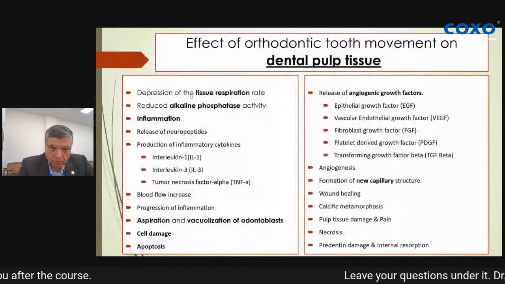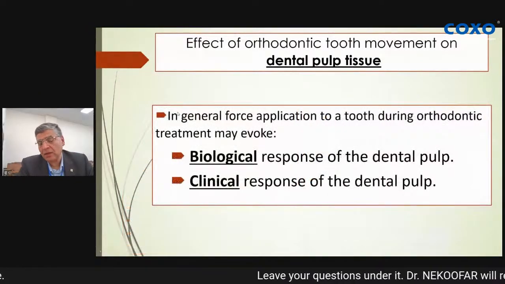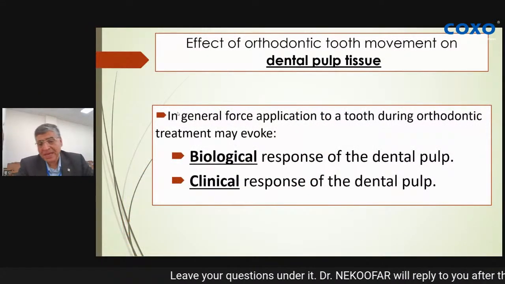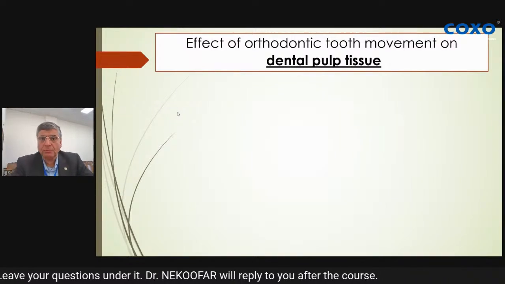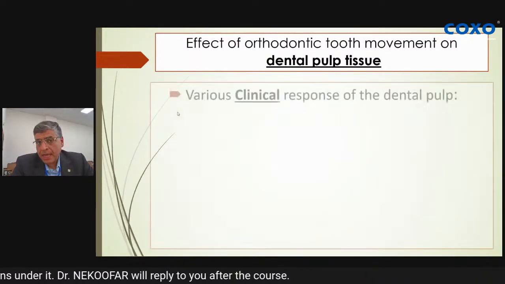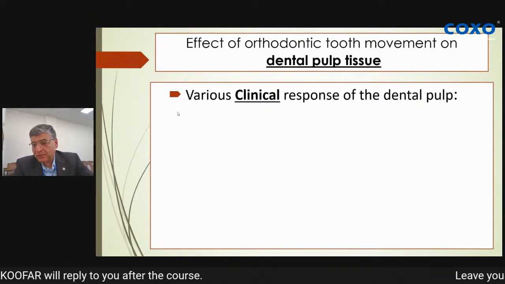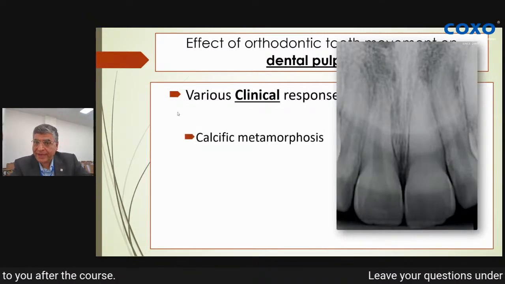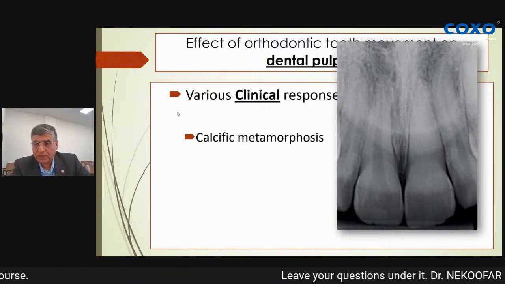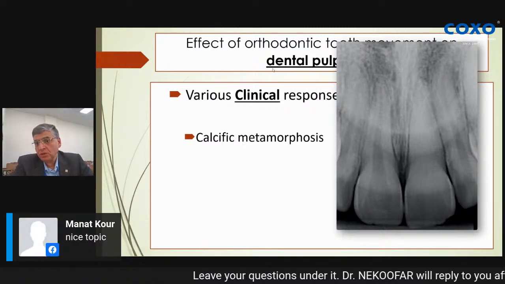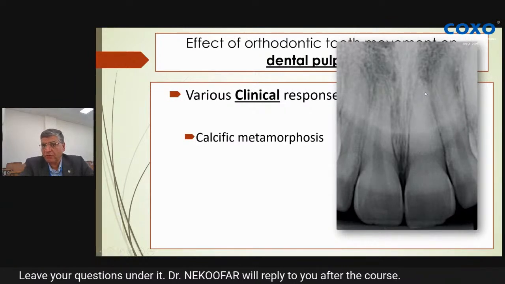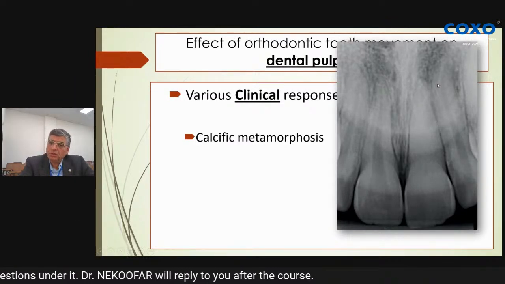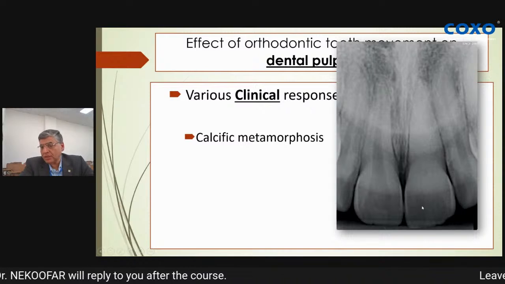Okay. Let's go to the clinical response of the dental pulp. Each of these events may have some sort of clinical response as well. So calcific metamorphosis, as we already showed you. Look at this tooth, an upper central. This tooth is supposed to be a very simple tooth as a candidate for root canal treatment.